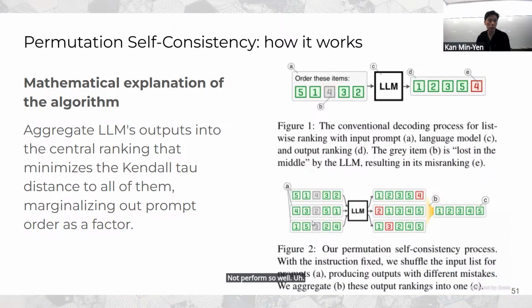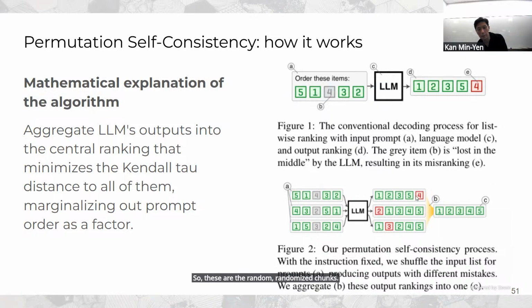So with permutation self-consistency, there is a mathematical algorithm where you run this many times and rotate the relevant chunk into different positions. After many attempts, it will just keep getting the middle part wrong. So these are the randomized chunks.